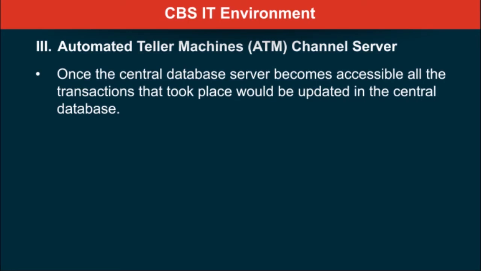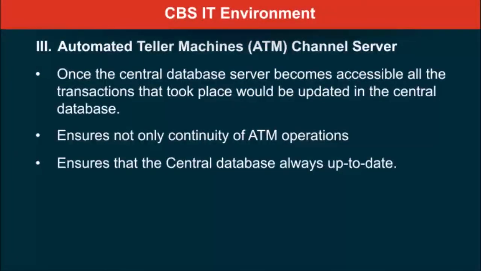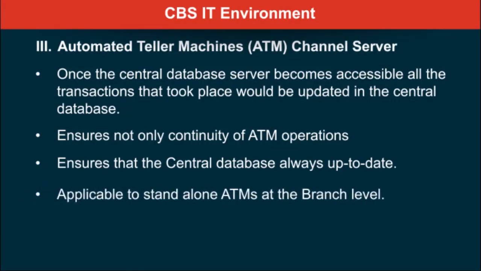So what we are trying to say here is, the central database may be busy, but the ATM accounts of customers can still be accessed because of the ATM channel server. And it ensures the central database is always up to date. It's applicable to standalone ATMs at the branch level, and the only control is through the ATM switch.